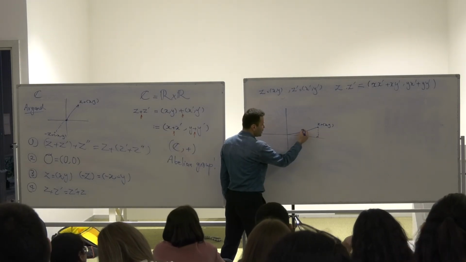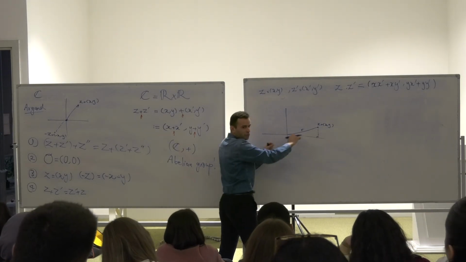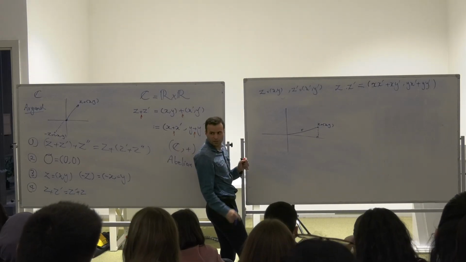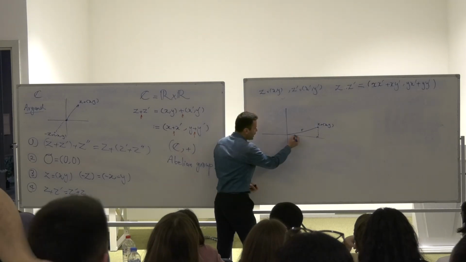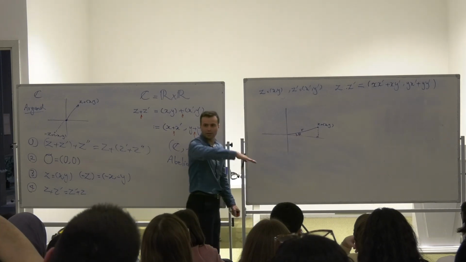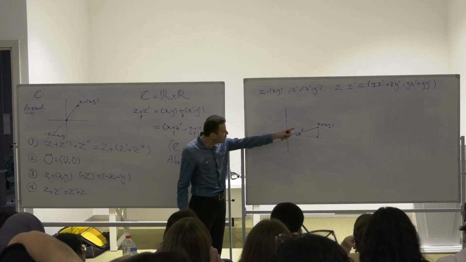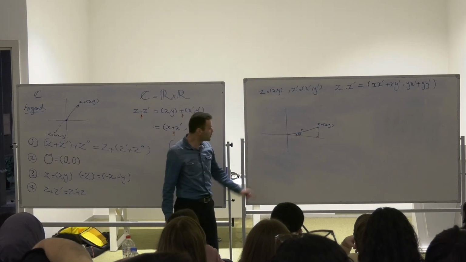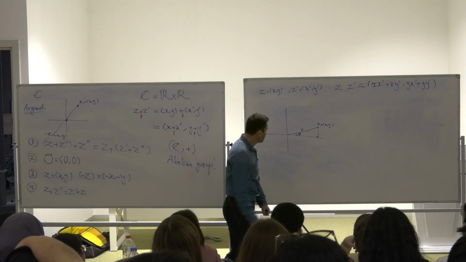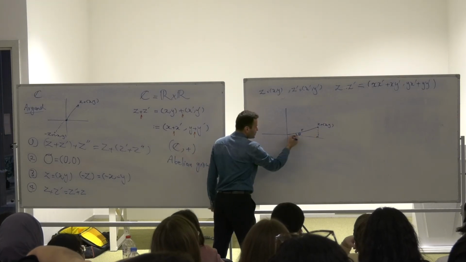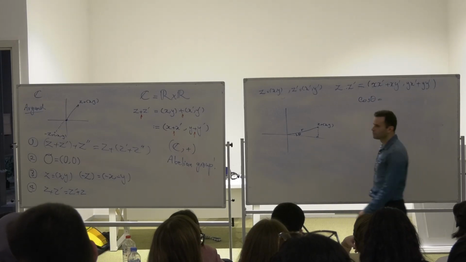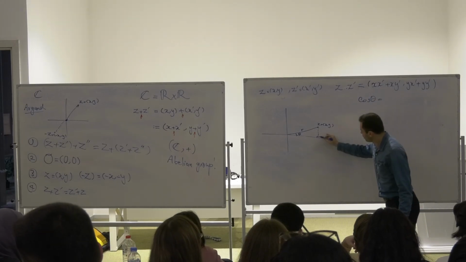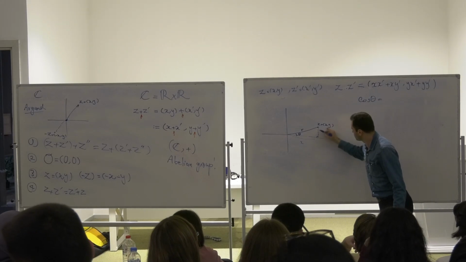If this is going to be our r, the distance from the origin, which we are always going to select as a positive number, and let's assume that there is this angle theta over there. How can I represent this point z using this r and theta? Look at this triangle. What is cosine of theta? This is x. This is y, right?